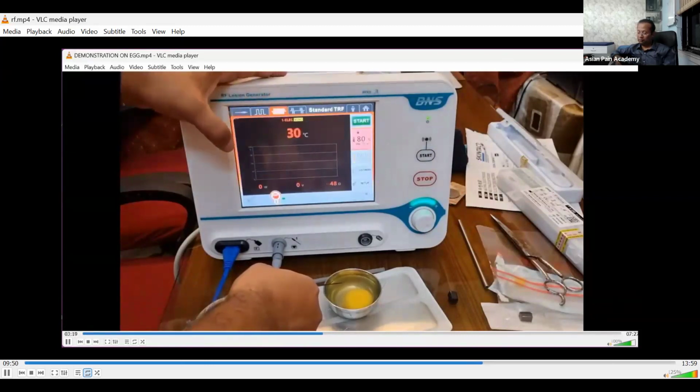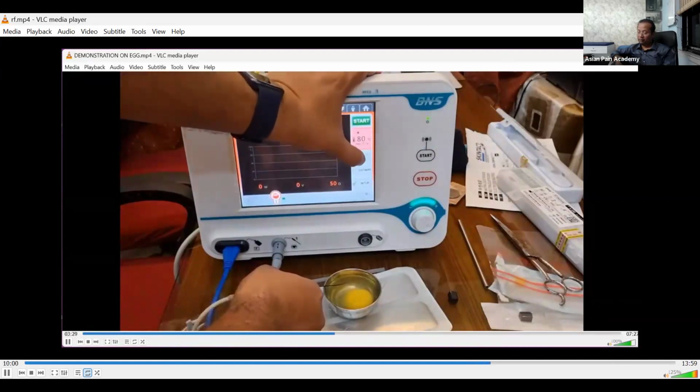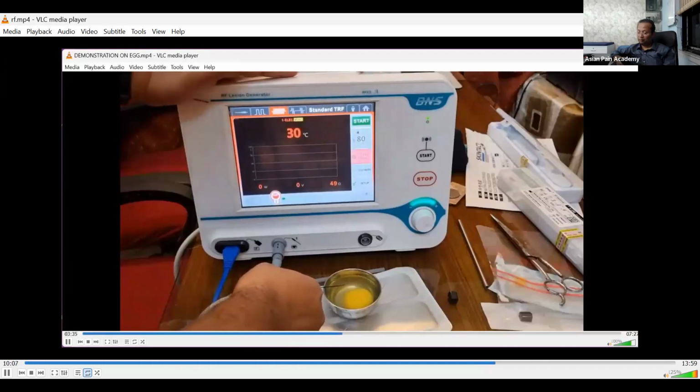Now for the thermal radio frequency, let us show you the parameters. First we need to set. Here I have set 80 degrees Celsius. Usually we set the time duration at 1 or 2 minutes. Ideal should be 90 seconds. Here we can see the impedance.